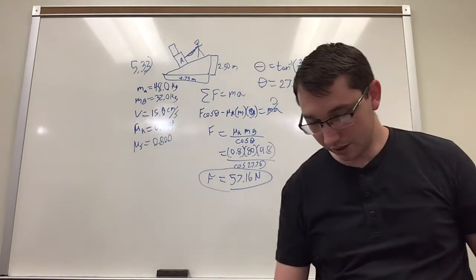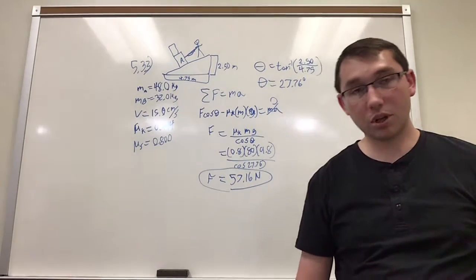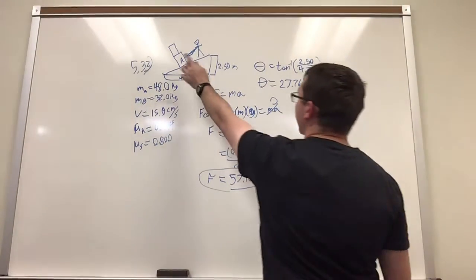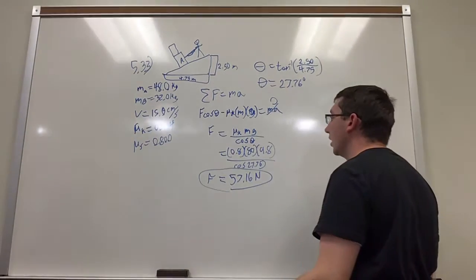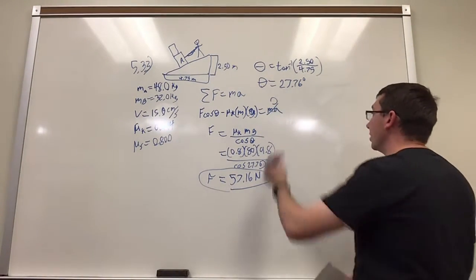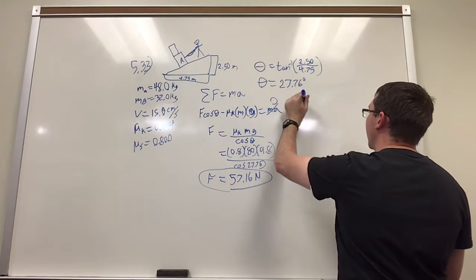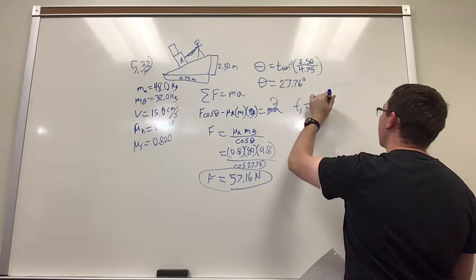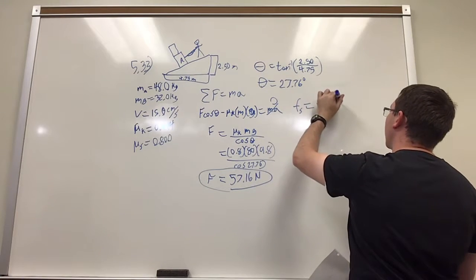Part B then wants to know what are the magnitude and direction of the frictional force on box B. So we know that the force of static friction is going to be equal to the coefficient of static friction times the mass times gravity.